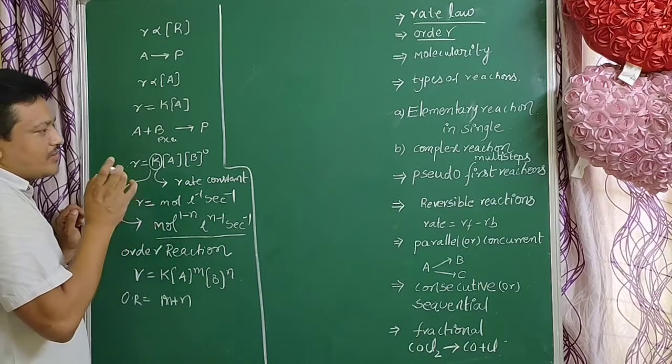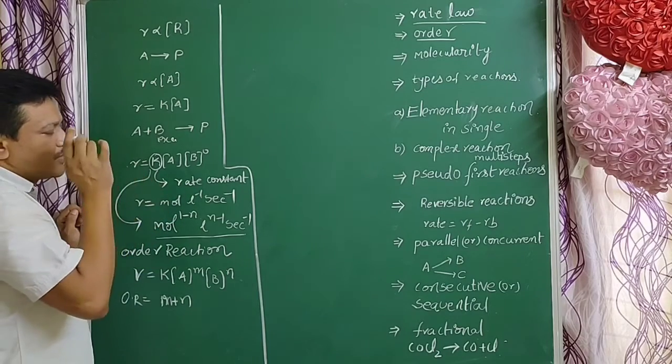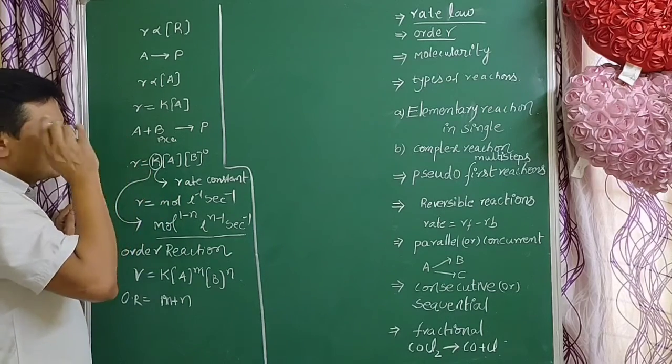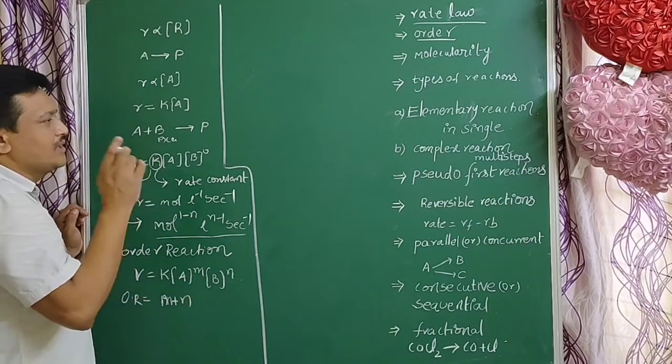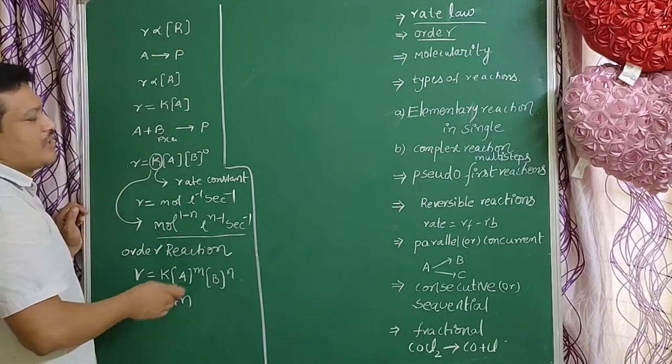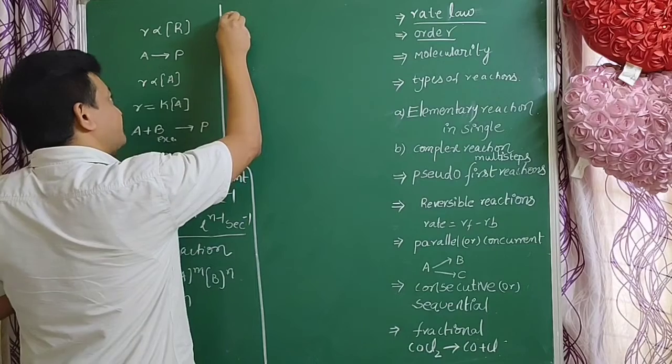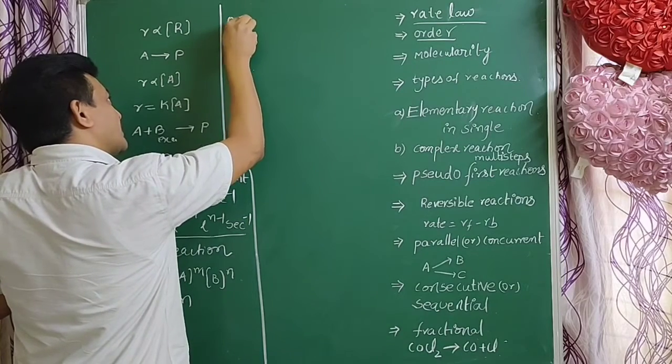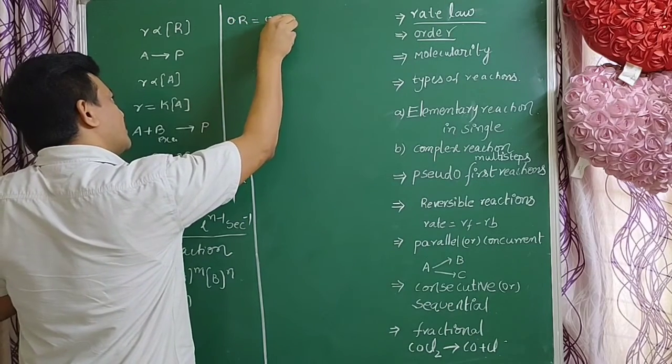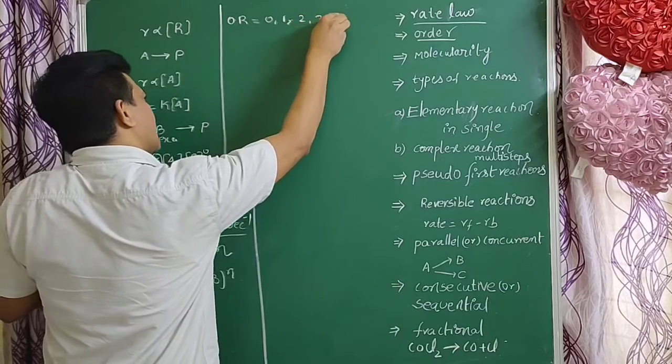The order of the reaction is obtained experimentally; it cannot be obtained from the mechanism or theoretically. The order of the reaction may be 0, 1, 2, 3 and so on.